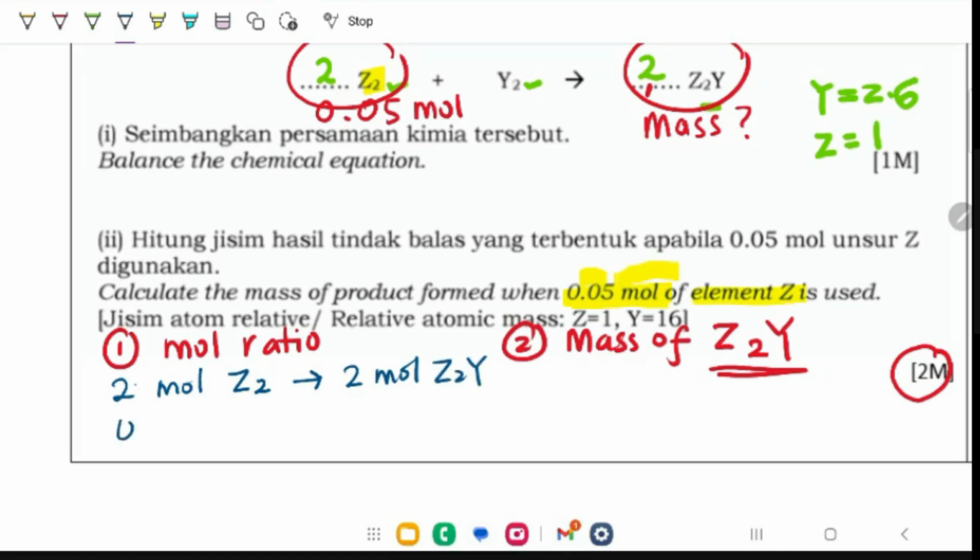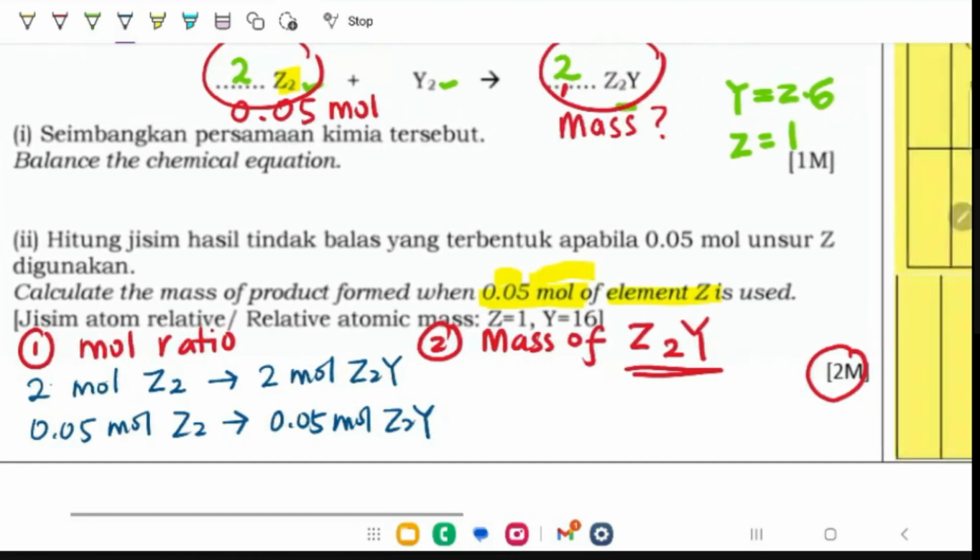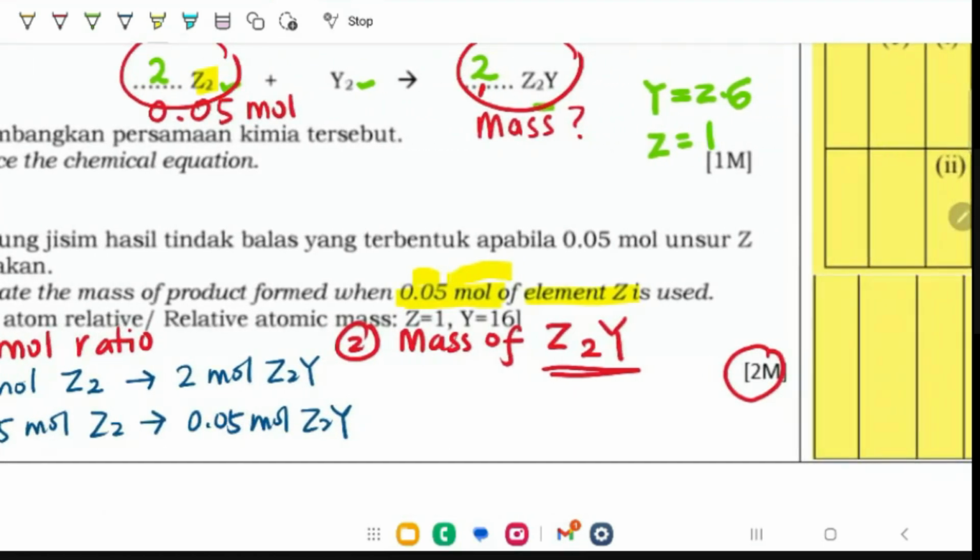Okay, so if 0.05 mole of Z2, so the same 0.05 mole. So meaning that now your mole here, Z2Y is 0.05. Okay, so mass is mole, 0.05, times the molar mass.